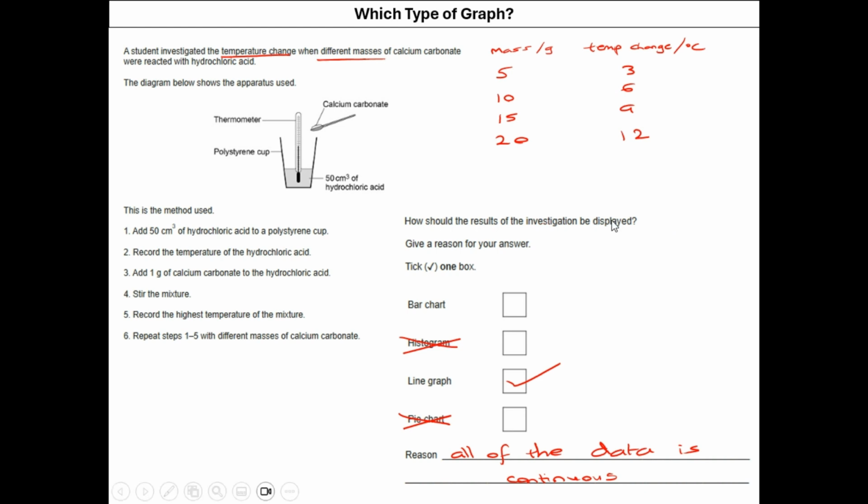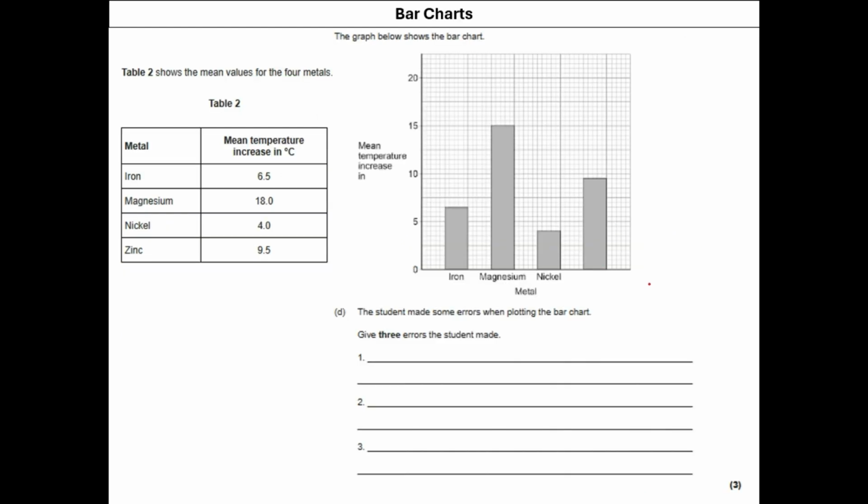Now, the final question, this actually doesn't ask why I've done this type of graph, but I just wanted to show you the opposite. So this one, I've got my table. Well, that column is not numbers. That column's not continuous, so they've drawn a bar chart. But the actual question is, the students made some errors when plotting the bar chart, give 3 errors.